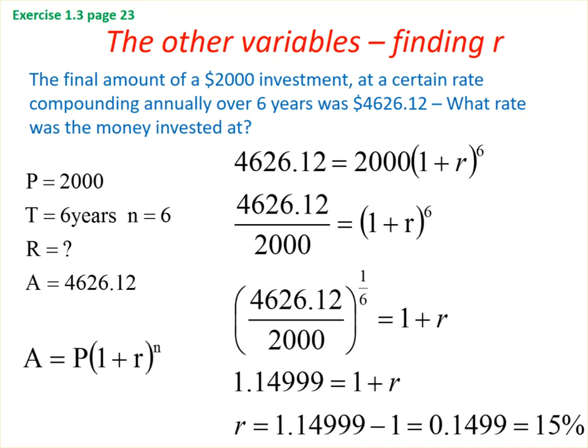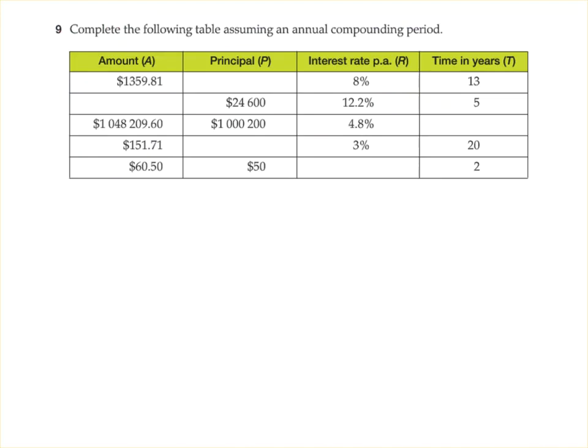So 1 plus r, so you minus 1 from each side, and you get this long decimal, and then r equals 14.99%. It's probably better to round. 15%. I may have just added it.